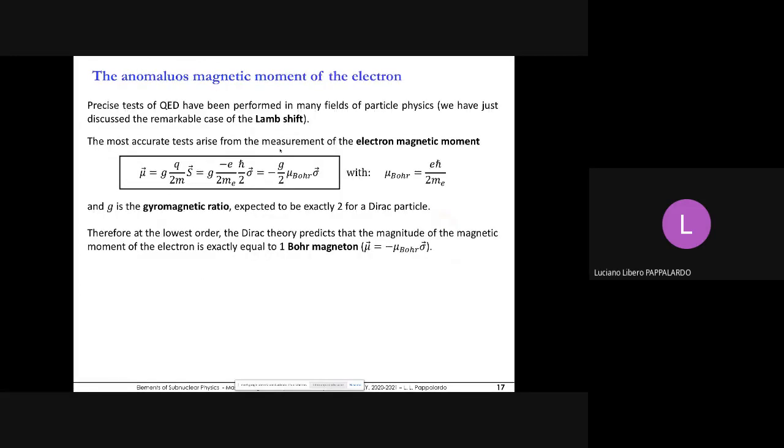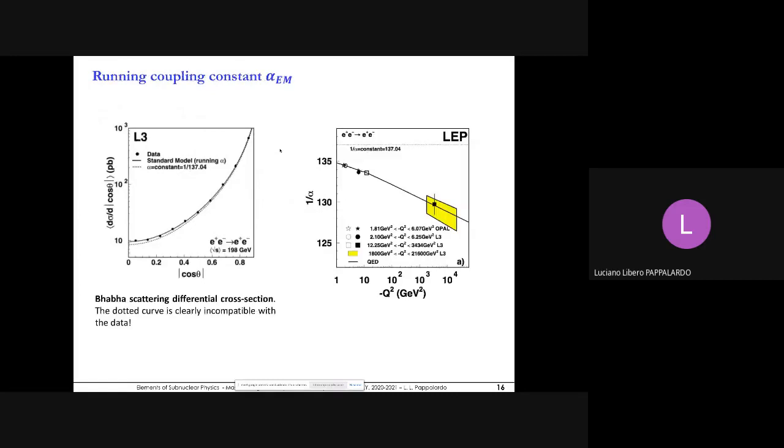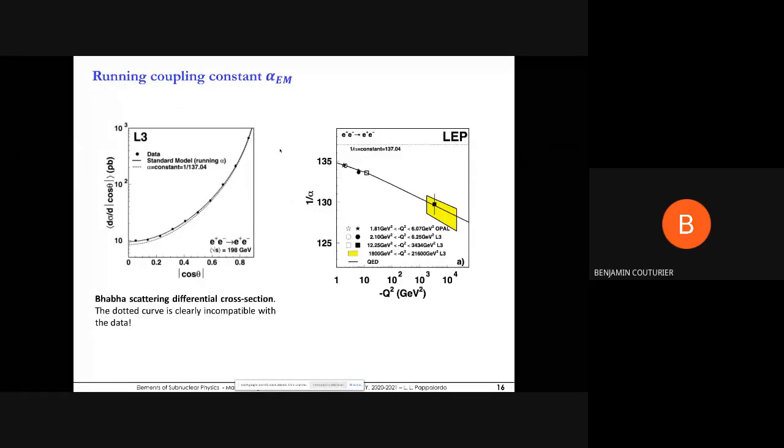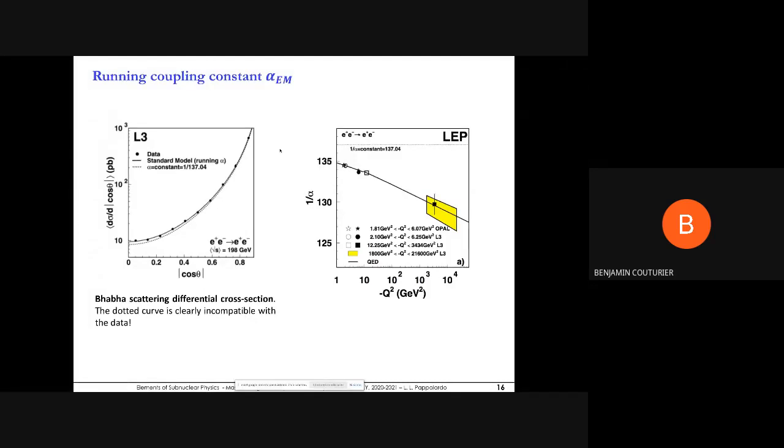Okay, any questions? Yes, sorry, in the case of the Bhabha scattering, I don't understand the influence over the angle, actually. This we studied yesterday. If you take the slides from yesterday, we derived the differential cross-section as a function of cos theta.